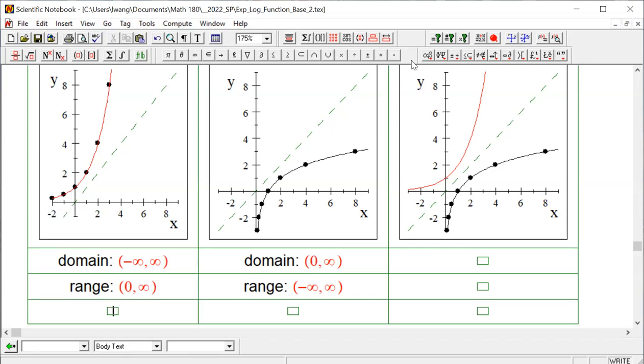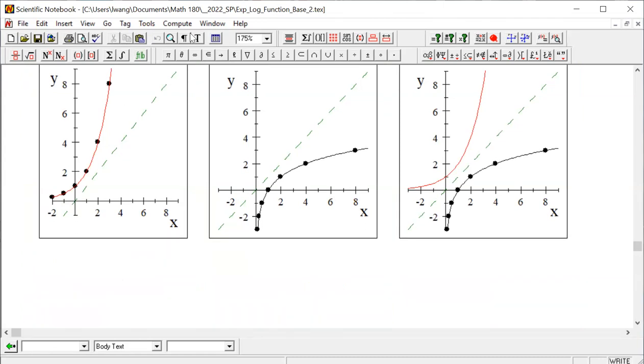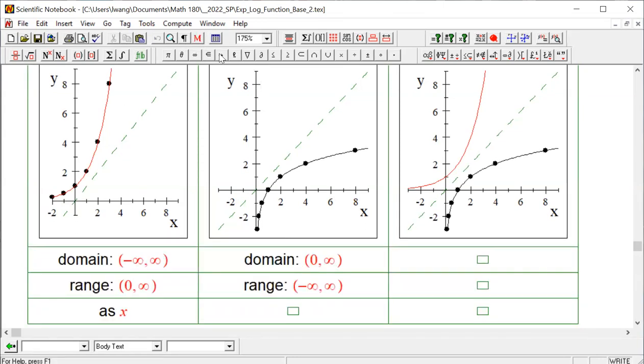So we have discussed that as x is approaching negative infinity, 2 to the power of x, not 2, approaches 0 from larger than 0, right?